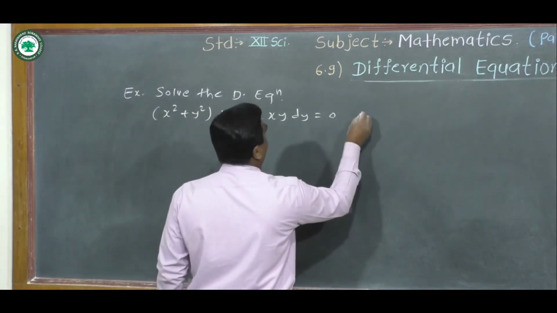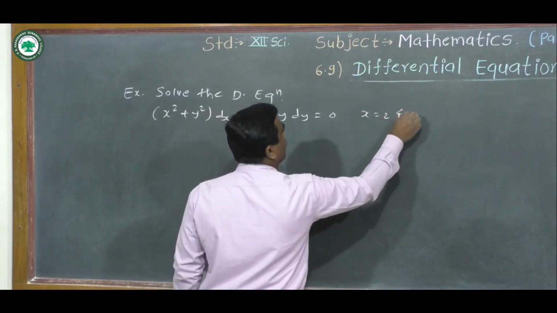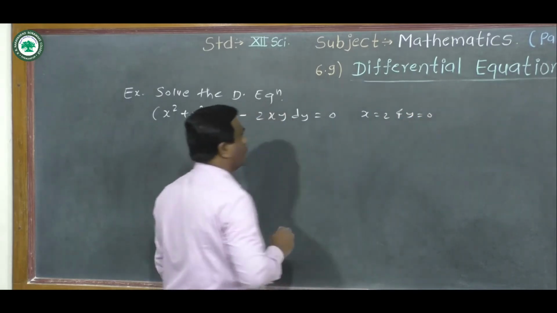Given here values of x is equal to 2 and y is equal to 0.